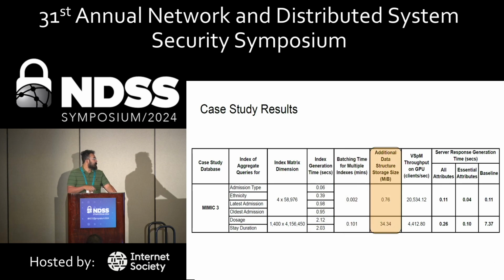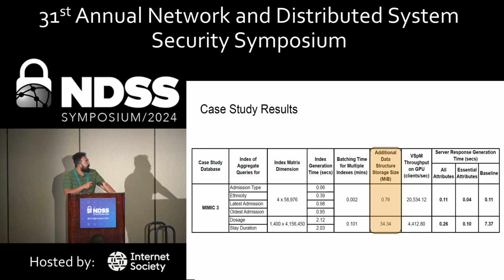In our case, we also have to store these indexes of matrices on the server, so we also wanted to track the additional data structure storage size, and it tends to be in the order of MBs even for pretty big indexes of queries.